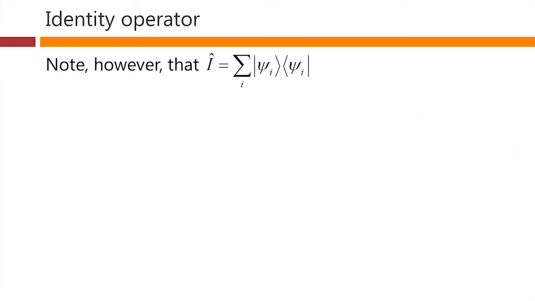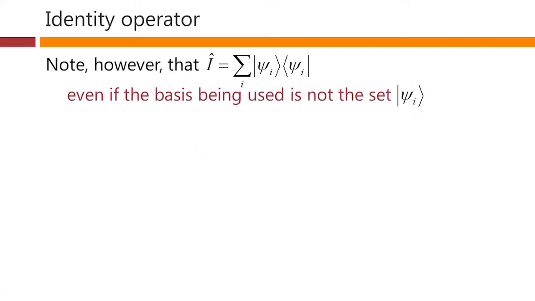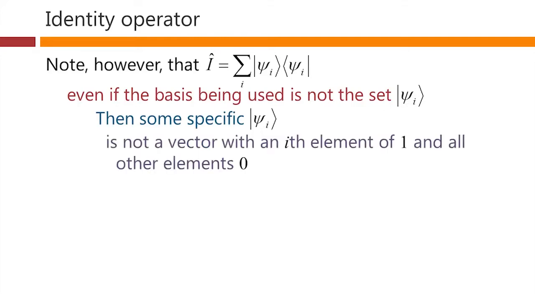But if we are talking about this same operator here, and the basis we're using to write down these vectors is not itself this basis set, then some specific psi I is not a vector with just the ith element being 1 and all the other elements being 0.